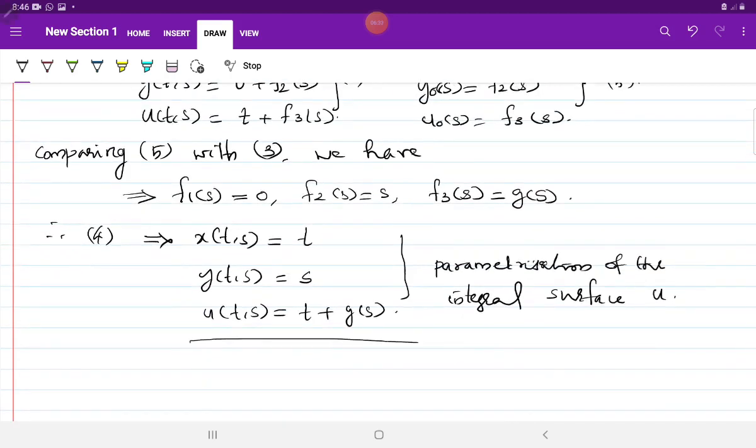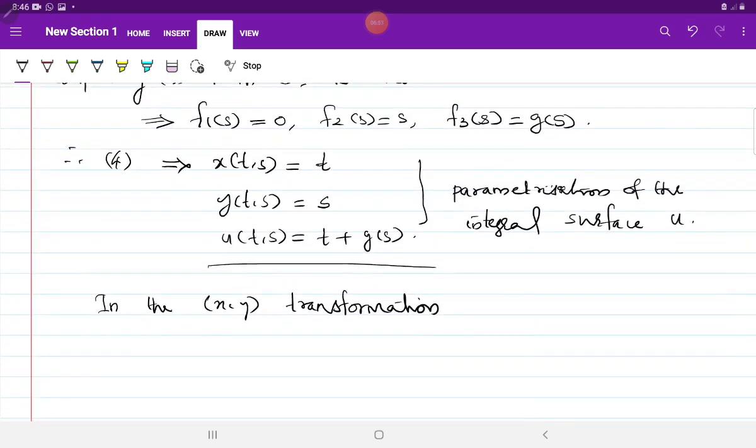Now from this parametric form, we can write t and s in terms of x and y very easily. So in the xy transformation, we have the integral surface u(x, y).